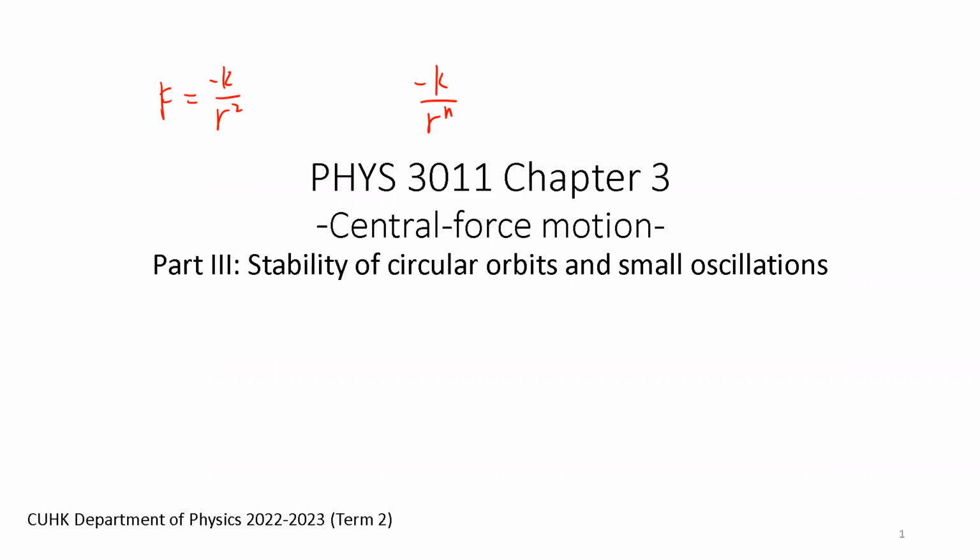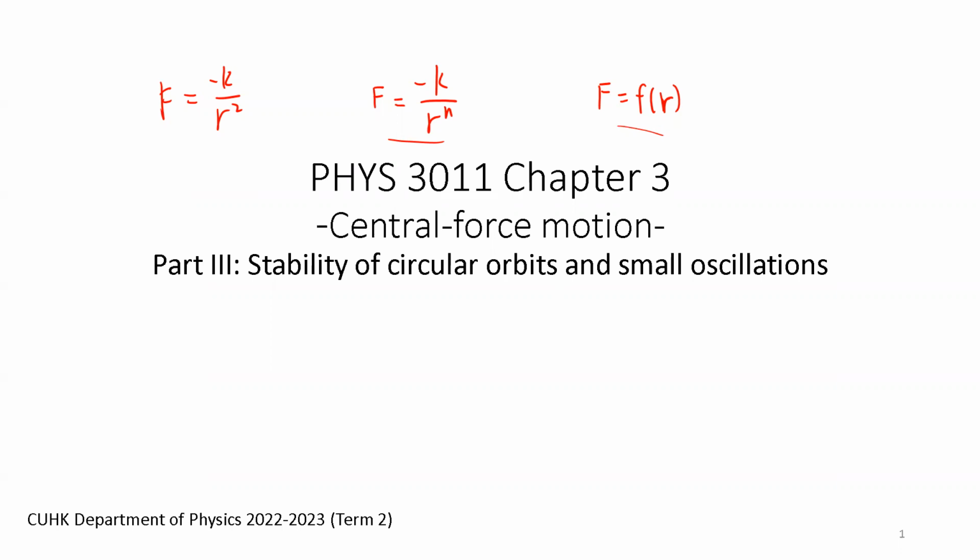Suppose my force is minus k divided by r to the power n. For example, if n is 10, I don't know how to solve it. Or to be even more general, f can take the form of any function of r. For these two cases, for sure, we don't have a general method to solve.